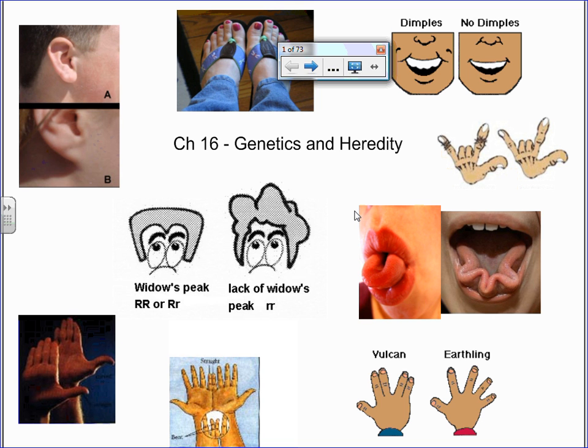So if you didn't do the lab, you should have a look at the lab, go through it yourself, ask someone who has done theirs to explain things to you, so that you can understand and get a little bit more out of the activities. This was looking at some of the traits that showed dominant and recessive properties, so complete dominance and single traits.